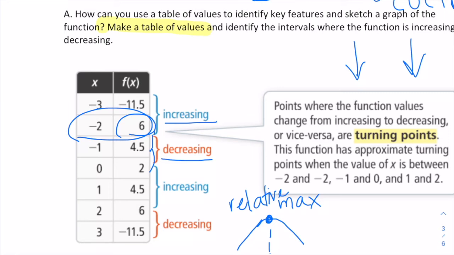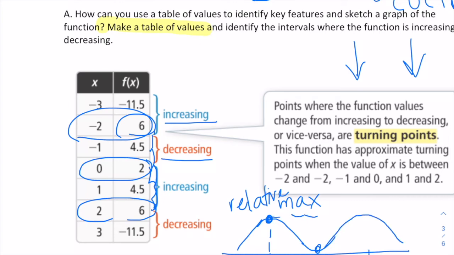As we go down to 0, 2, you can see that it starts to go back up. So 0, 2, which is x equals 0, is going to be another turning point. These are the x values, and then we know that's 0, 2. And then as we go further down the table, we can see that it turns again at 6. So that's 2, 6.